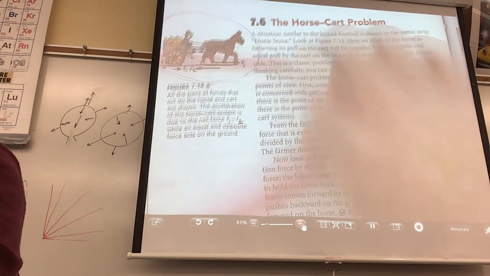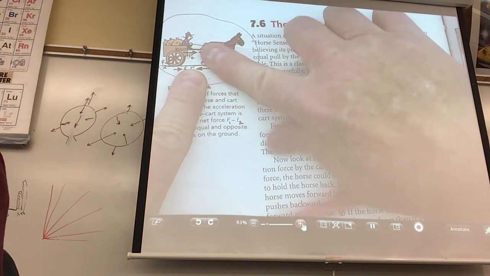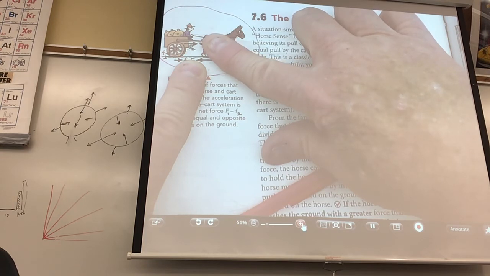Avery, your turn. Tell me about the cart. We don't need to look at anybody else. Will the cart accelerate to the right? Yes or no? The cart will accelerate to the right if blank is greater than blank. Help me out.